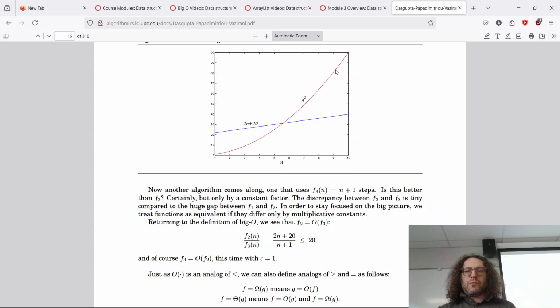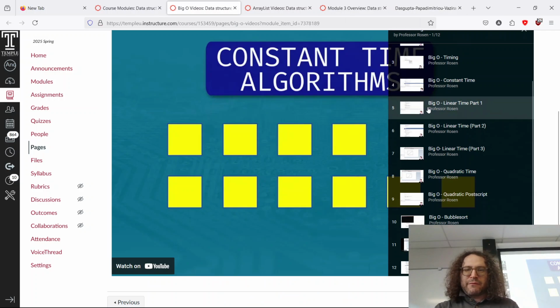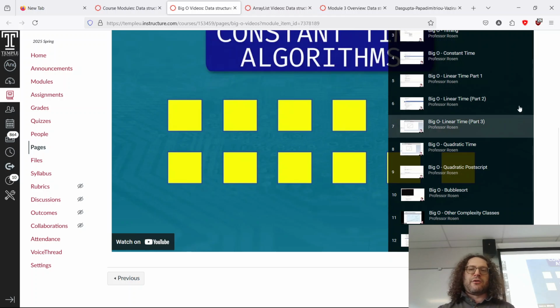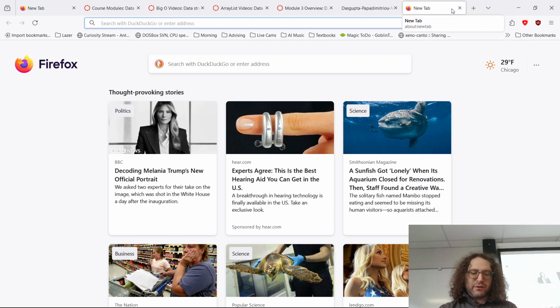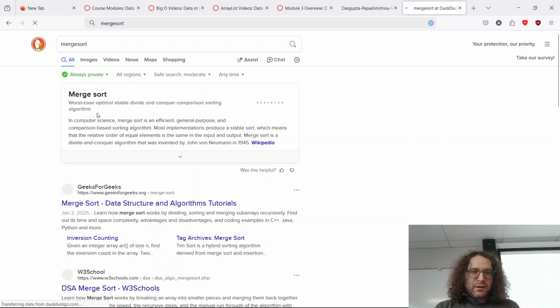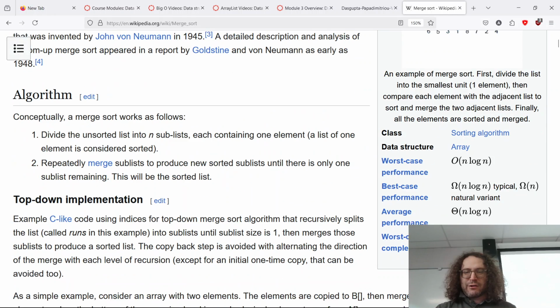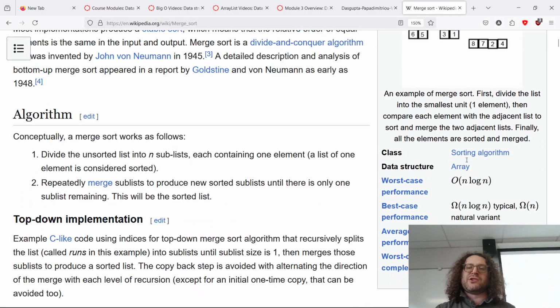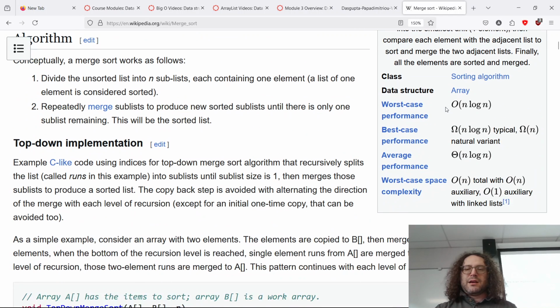Now, one thing that I will note is that we talk about this in terms of runtime efficiency, but Big O can be used to measure other things. You'll see it often in algorithms. If I go to merge sort on Wikipedia, and Wikipedia is great for algorithms, for sorting algorithms you'll get these great animations, but it'll say worst case performance, best case performance.